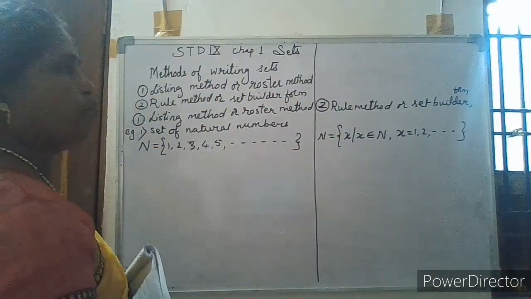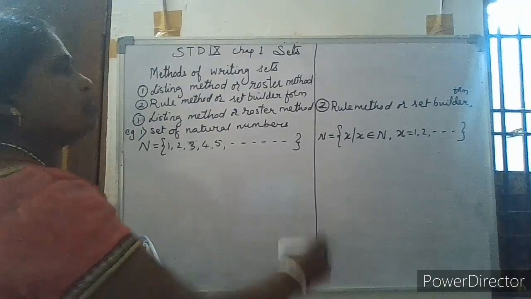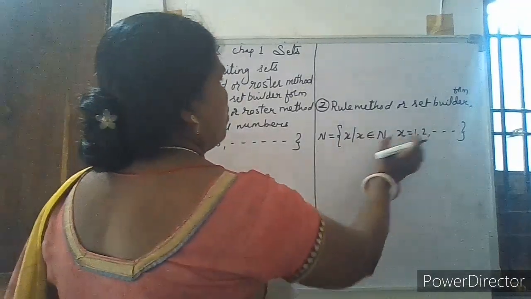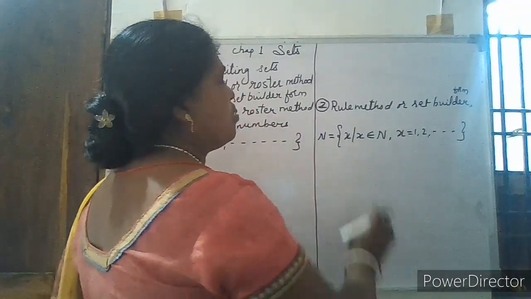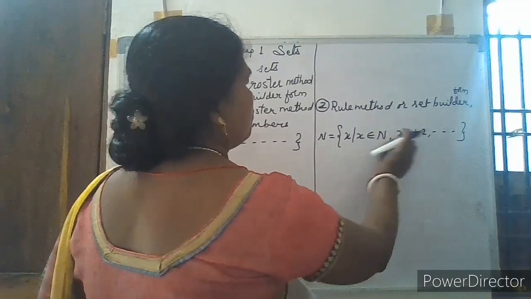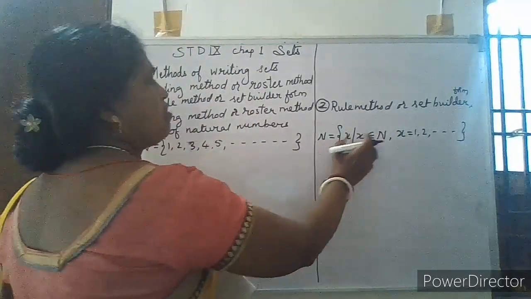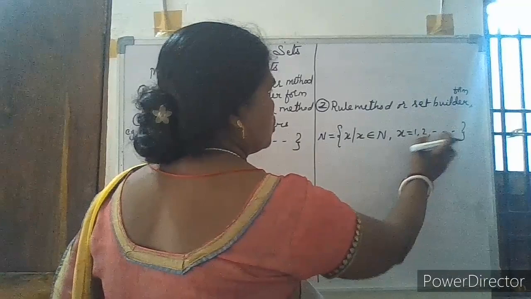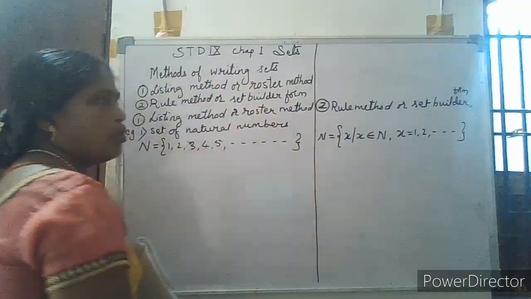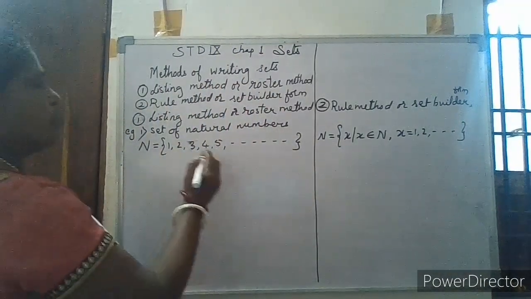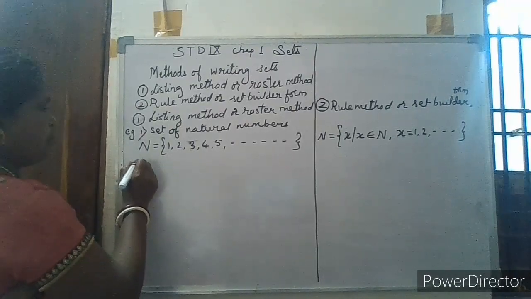So in this way we do not write the elements, we only give in words that X belongs to natural numbers, or we can show it in this form also.